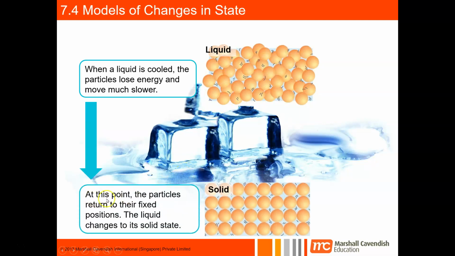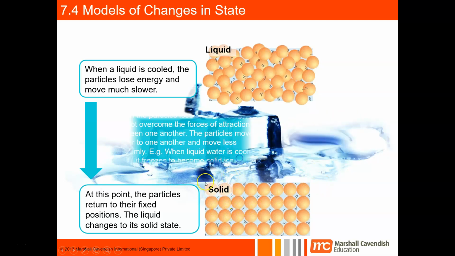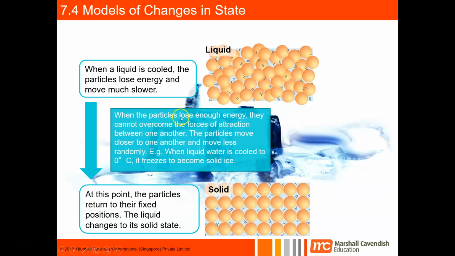After some time, the particles will return to their fixed positions, and this is the solid state. So when the particles lose enough energy, there's not enough energy to overcome the forces of attraction or the bonds between one another. And so the particles will start to move closer to one another and move less randomly. For example, liquid water which is cooled to 0 degrees Celsius will start to freeze and become solid ice.